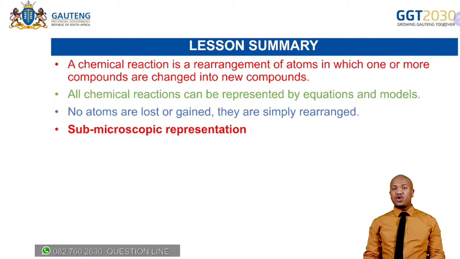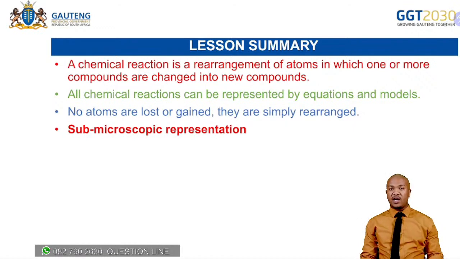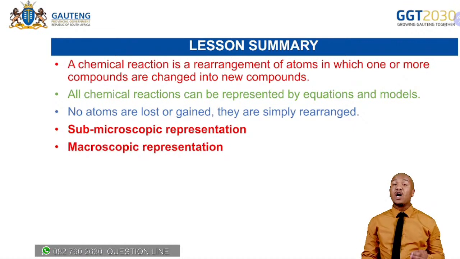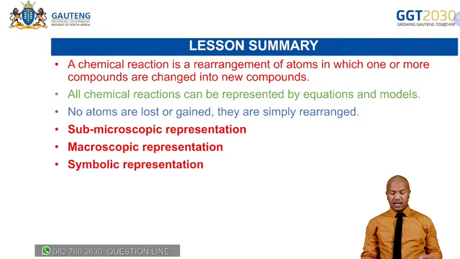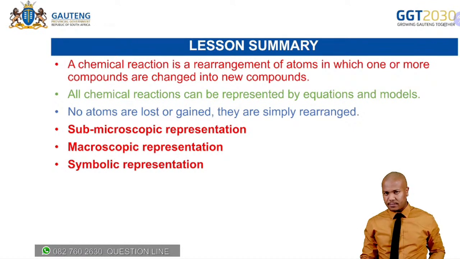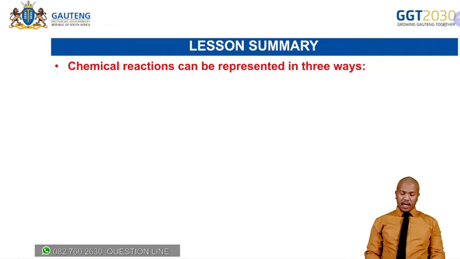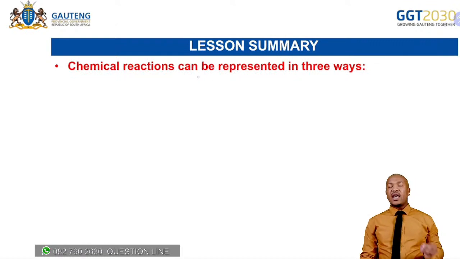We also said that we can think of chemical equations as sub-microscopic representations. We can think of them as macroscopic representations. And lastly, we can think of them as symbolic representations. Now, this is a way of representing them.